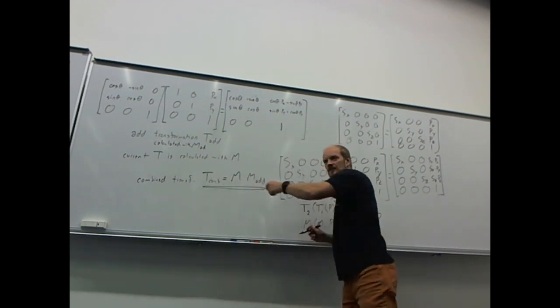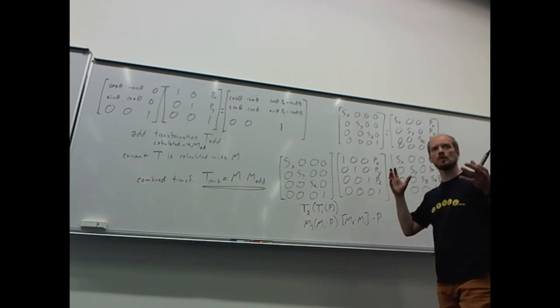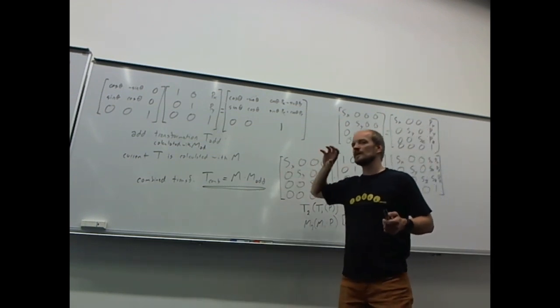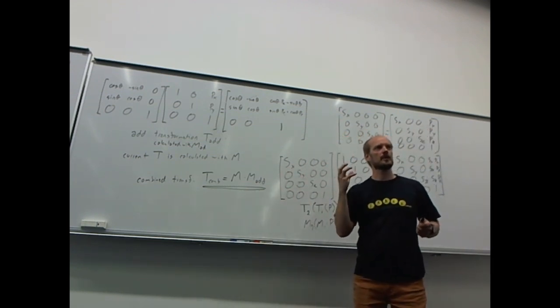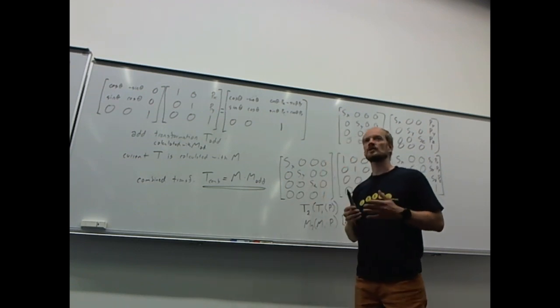So I add to the right side. Because I'm not transforming points within the global coordinate system, I'm transforming coordinate frames. I'm transforming coordinate frames as relative to their current state.